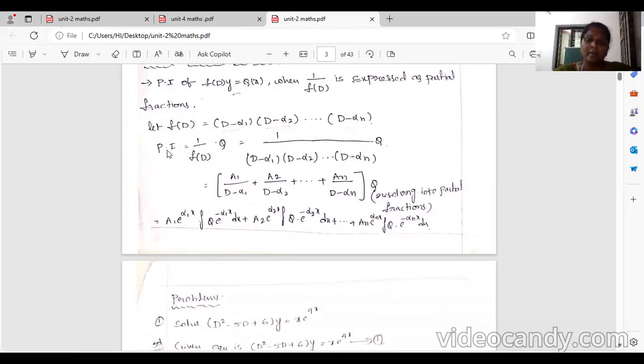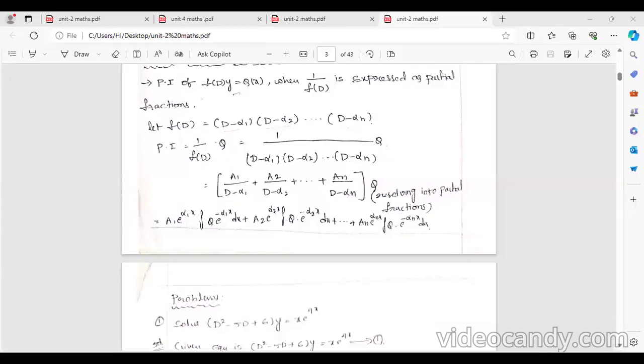Then the particular integral yp = (1/f(D)) Q, where f(D) is expressed as (D - alpha1)(D - alpha2) ... (D - alpha n). Here it can be resolved into partial fractions: a1/(D - alpha1) + a2/(D - alpha2) + and so on + an/(D - alpha n).